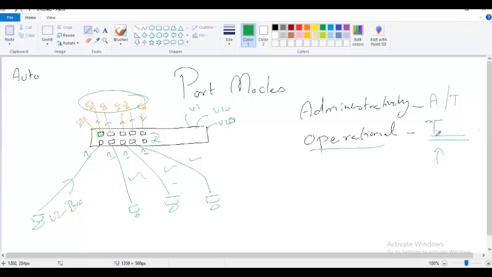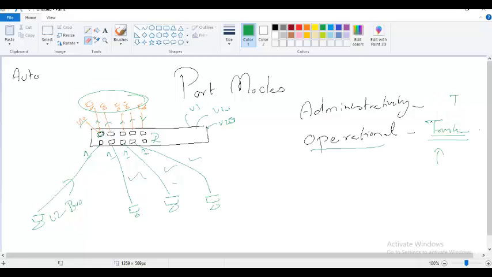Operationally, that port will become available for all VLANs. Yesterday I showed you a trunk port. Operationally, it is ready to now send and receive traffic of all VLANs when you configure trunk. You saw me configuring trunk yesterday.